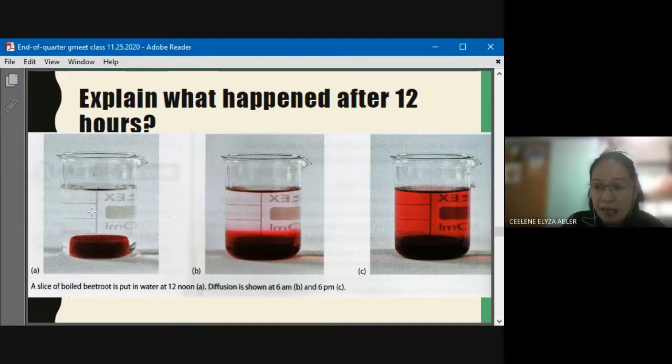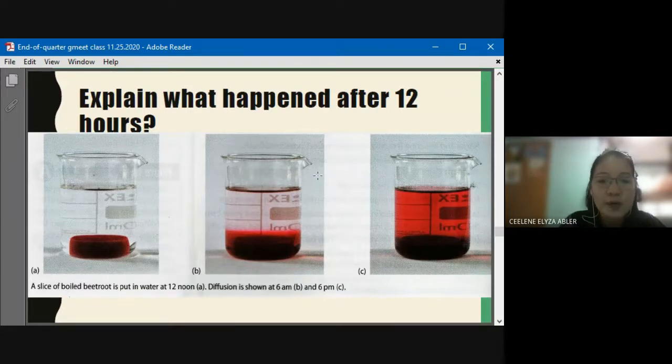Kasi wala. Remember, this is initial mo. So ang ibig sabihin, dito siya medyo magmo-move towards because it's from high down to low. So meron kang from higher concentration here, ito siya, sa inyong beetroot, down to the lower concentration here na walang beetroot na pigment.